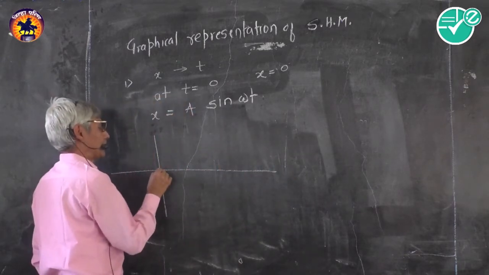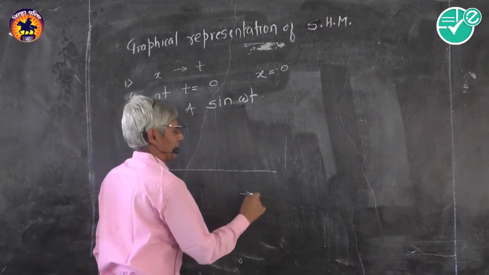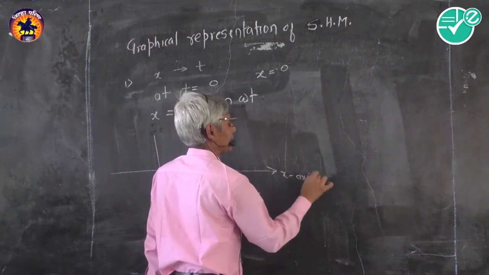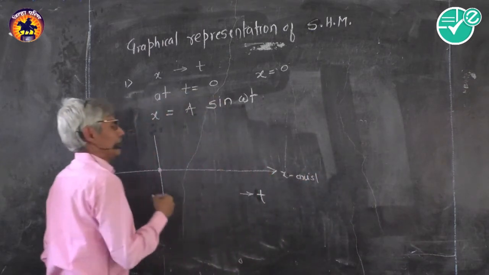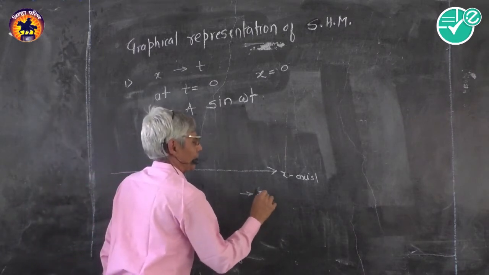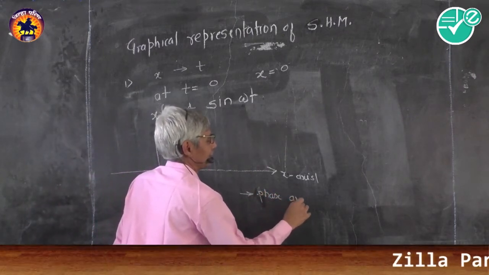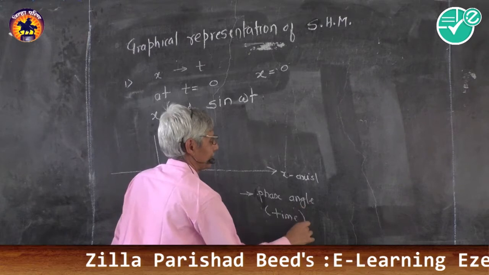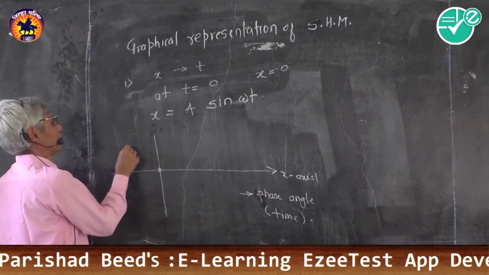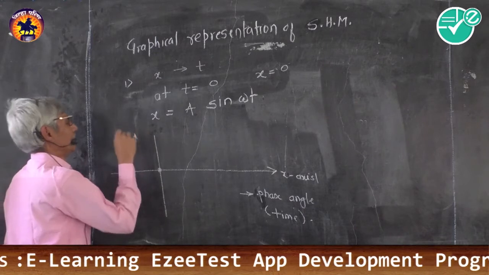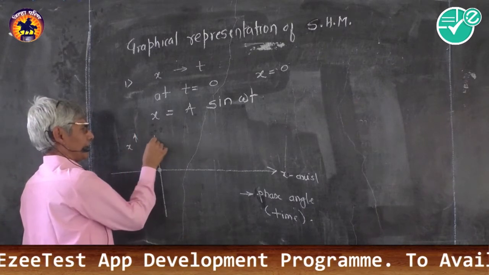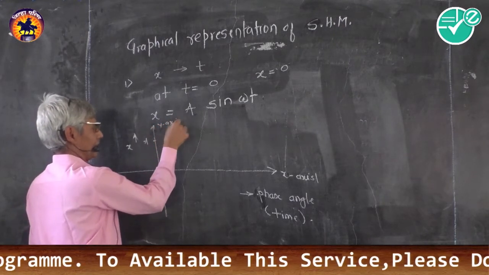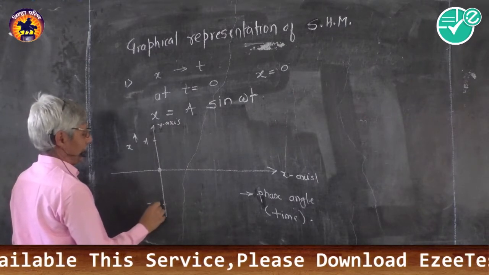If we select the coordinate system with the x-axis representing the phase angle omega t, and the displacement is represented along the y-axis. So this is the amplitude on the positive side, capital A, and this is minus A.